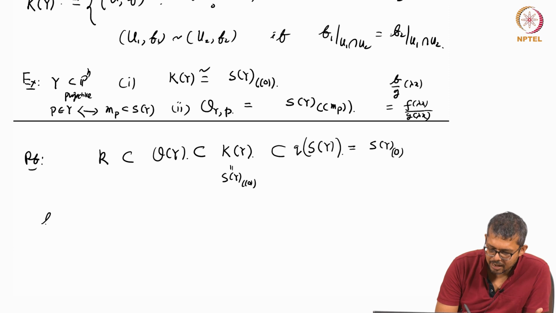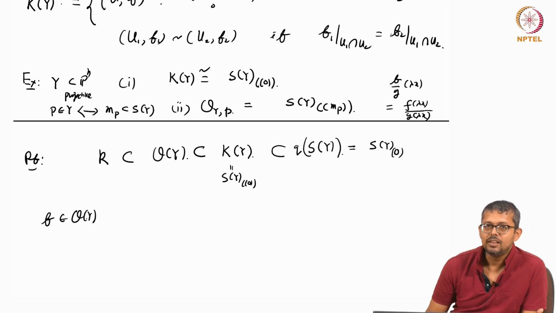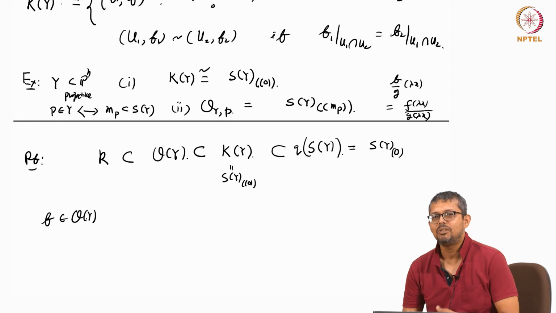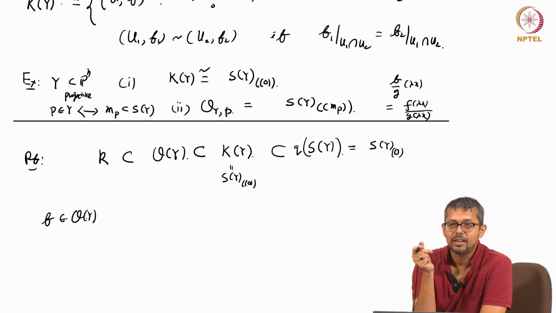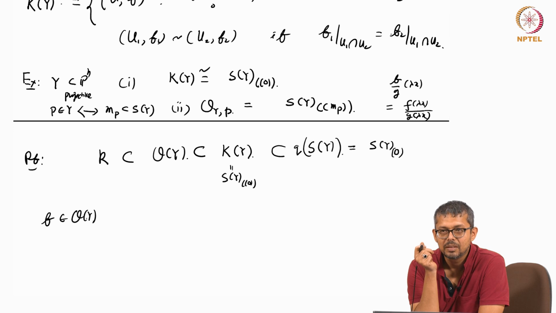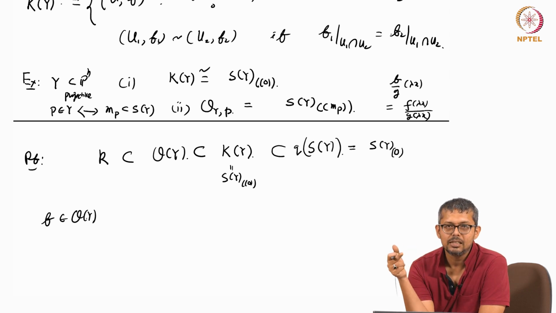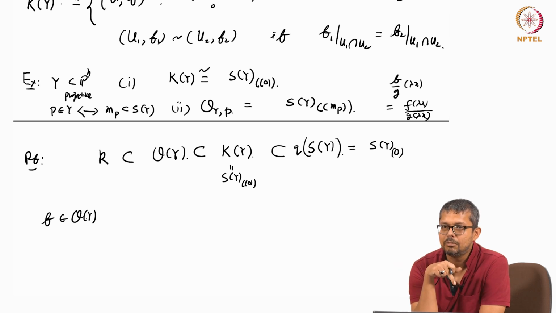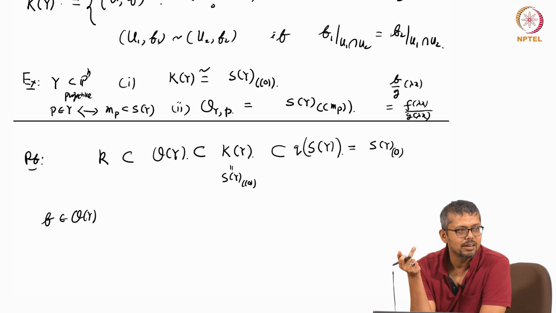So the strategy is that you take an element f in O_Y. I say that f is integral over K, or f is algebraic over K. If I am able to get a polynomial in K[x] such that f satisfies that polynomial, then because K is algebraically closed, there is no choice: f has to be in K, right?